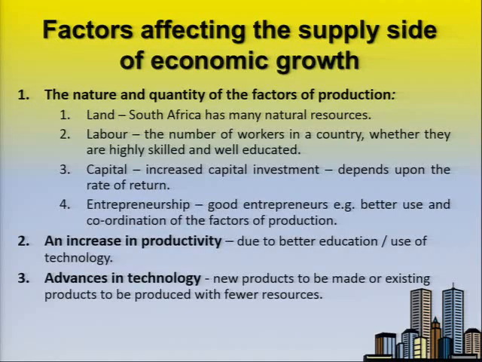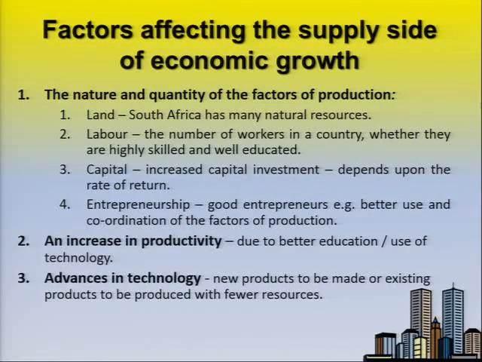Now, due to better education, do we experience productivity because our workforce has been better educated or is better skilled? Is our technology of the right standard? Because technology needs to bring an improvement in the way we do things. If that is the case, then we will achieve a higher productivity, an increase in productivity.